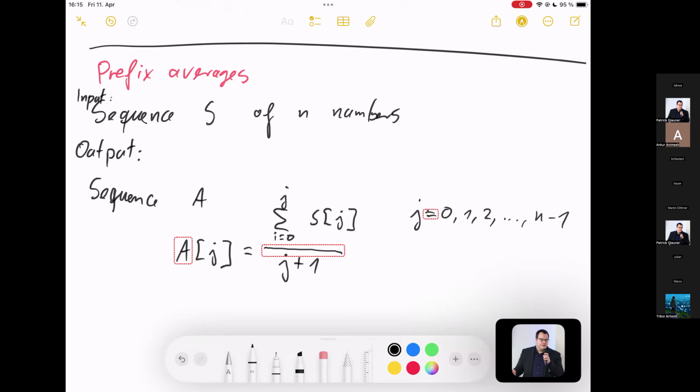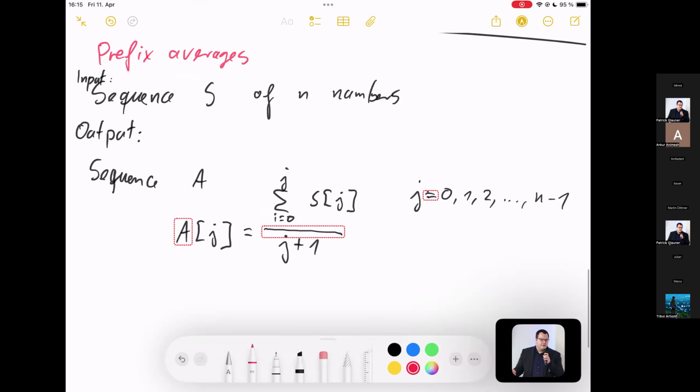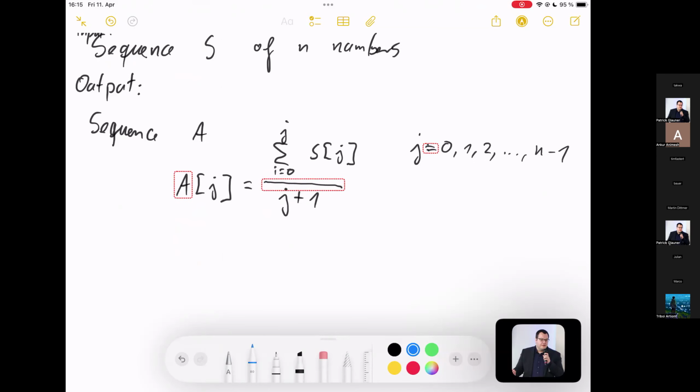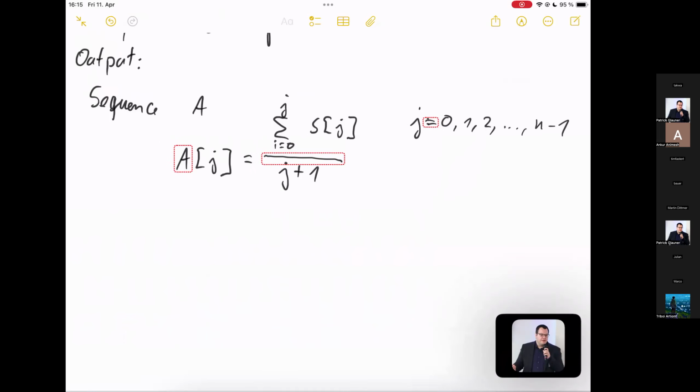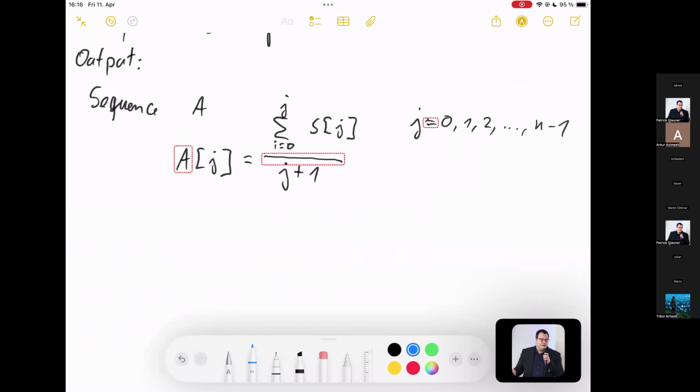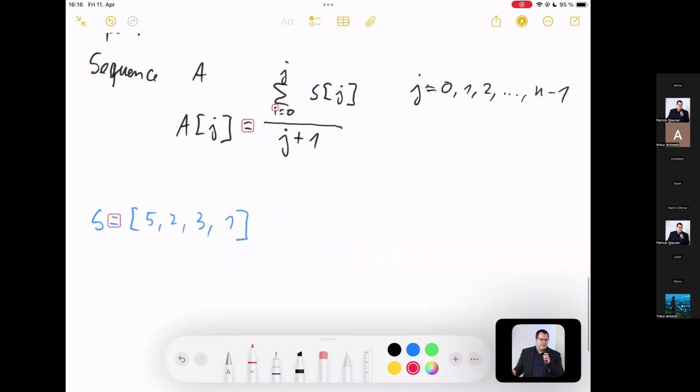What does that mean? I think we can look at a simple example briefly. So we have, say, a sequence S that has values 5, 2, 3, and 1. So we have n inputs. And I want you to think about what A could look like.